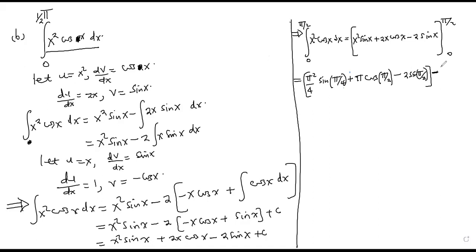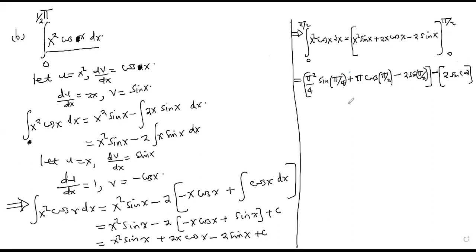Now here we shall substitute when the limit is 0. Of course, when you put x as 0, the whole of this will go. The whole of this will go. So we shall remain with the 2 sine 0.